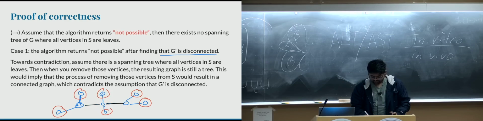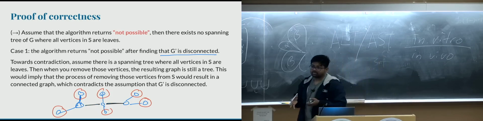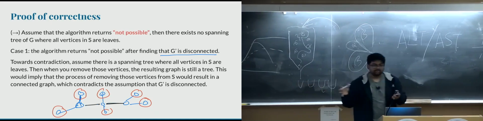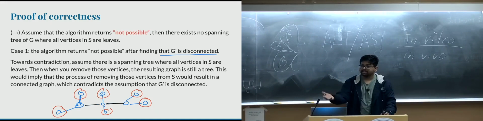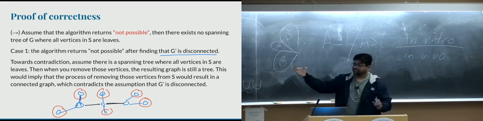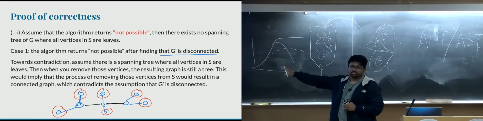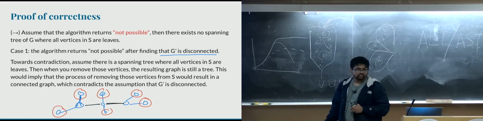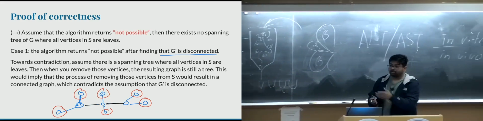You'll have a connection between these three nodes, the nodes that are still there in the graph after removing these. So that means it's a contradiction, right? The graph is actually connected. Is it clear why this first case holds true? Any question? Okay. And what was the second case?